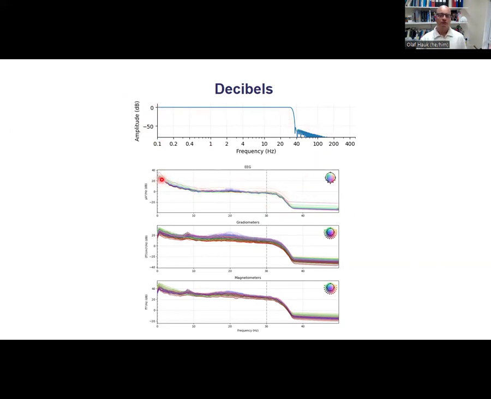And this would be the actual frequency spectrum of EEG and gradiometers, magnetometers expressed in decibels, so dB here in the scales. It shows that you have an almost flat spectrum apart from lower frequencies. And it also shows you that the filter indeed worked, so not much above 30 hertz or 40 hertz, I don't remember exactly, or 35 hertz, whatever the filter was.